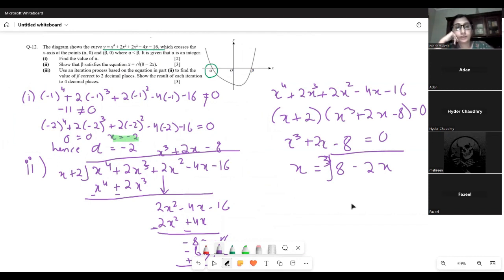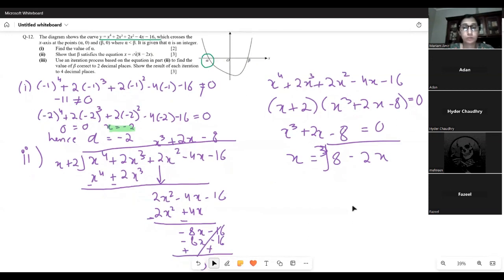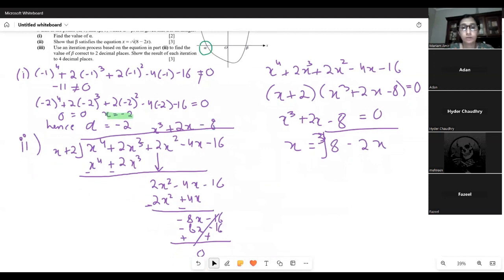Use an iteration process based on the equation in part 2 to find the value of b correct to 2 decimal places. Show the result of each iteration correct to 2 decimal places. Okay. So the iterative formula is not mentioned in the question, so you must write it first.